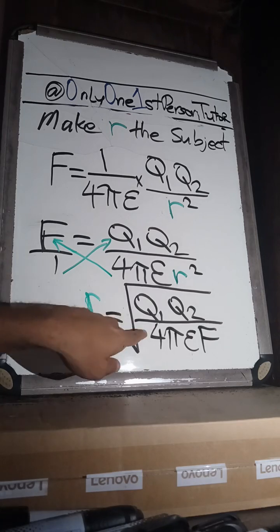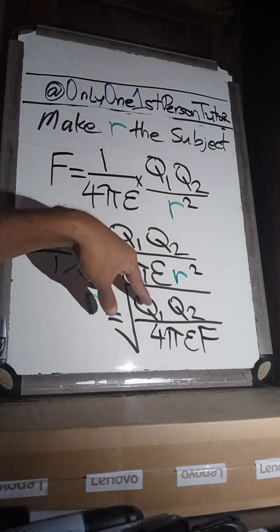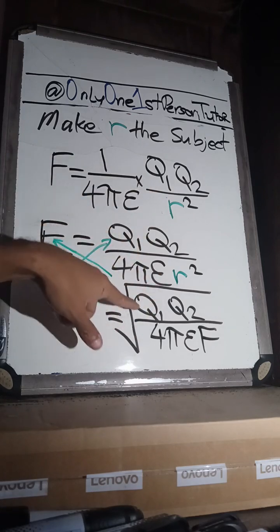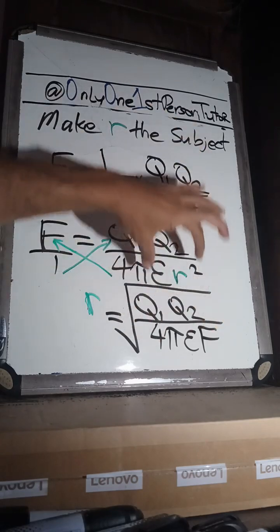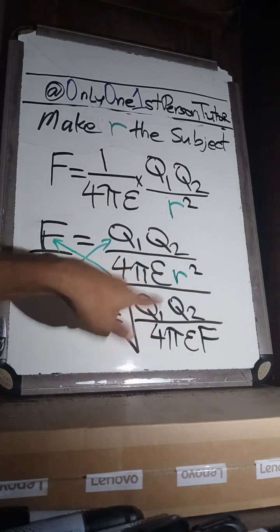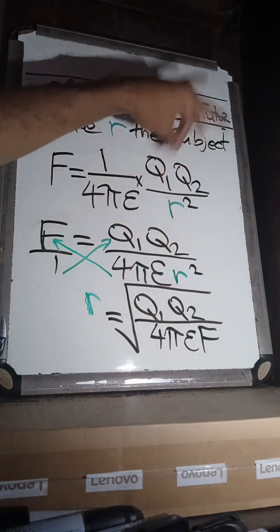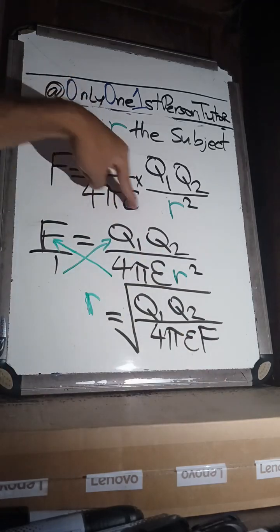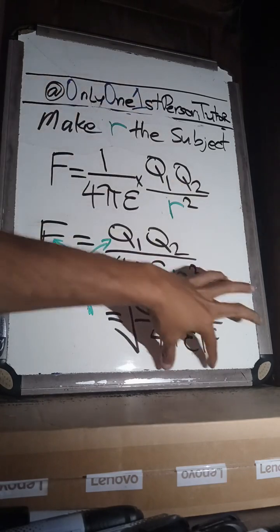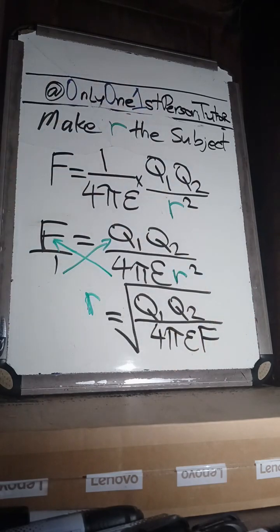Because if you put this in here, you square, this sign disappears. Q1, Q2 divided by this would end up flipping this up here. So you'd end up with this over Q1, Q2 times this. The Q1, Q2s would cancel, leaving you with this over the 4 pi e. And the 4 pi e, if you divide this by 4 pi e, it leaves you with, yeah. So this is about that bad. It just kind of looked crazy. It wasn't that bad.